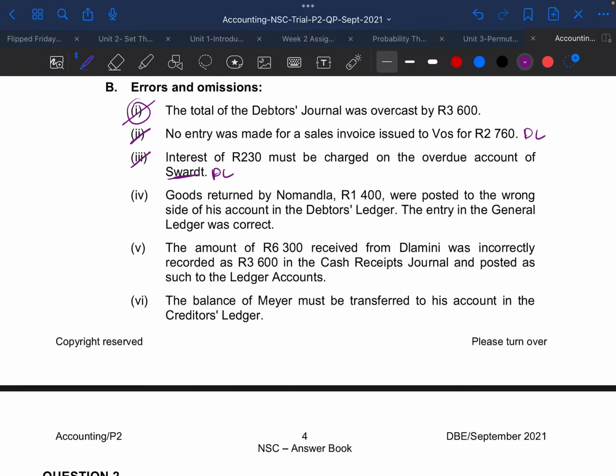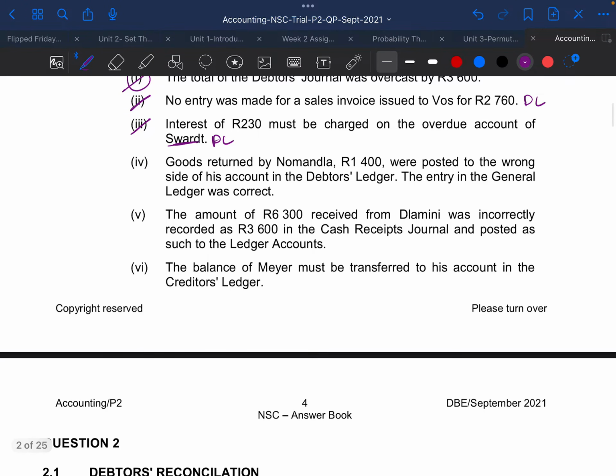And then the fourth one says goods returned by Nomandla, 1,400, were posted to the wrong side of his account in the debtors ledger. So now this amount, 1,400, was posted to the wrong side of the account in the debtors ledger. Now the entry in the general ledger was correct.